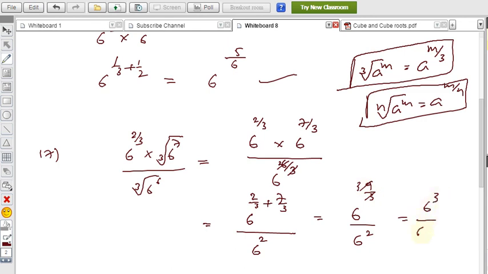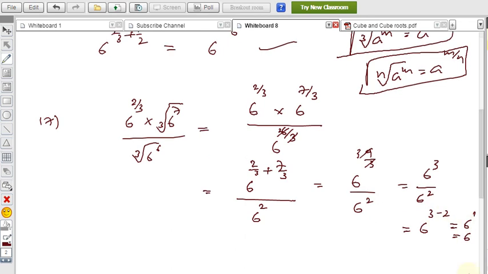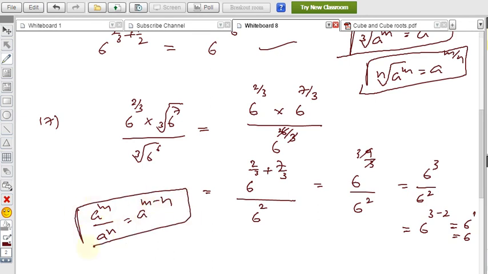So 6 power 3 minus 2, that is 6 power 1, which is equal to 6. The formula a power m by a power n is equal to a to the power m minus n. If you know the formulas, you can get an idea of these problems clearly. 6.